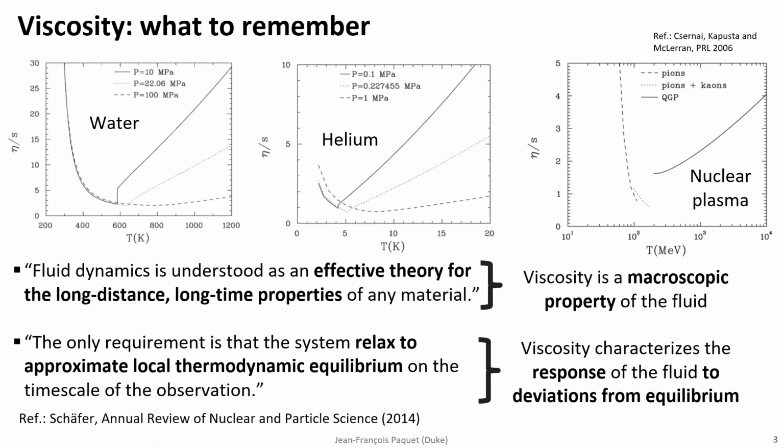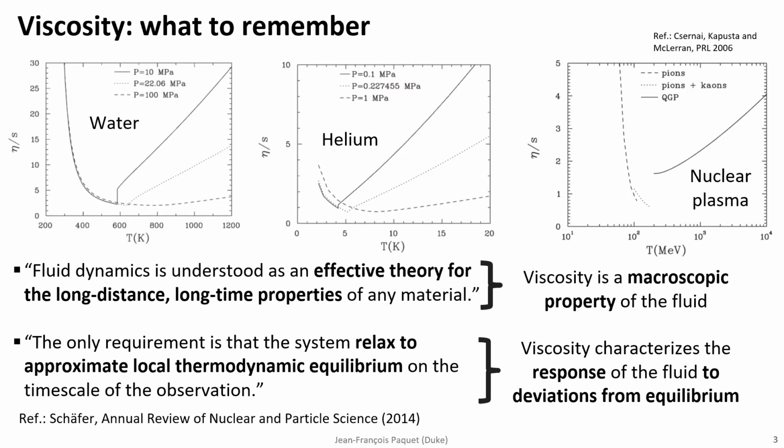Now, the two things that I can say quickly to summarize why we're interested in viscosities and what they mean. So viscosities are a macroscopic property of the fluid. And by macroscopic, we mean a long distance and long time property.